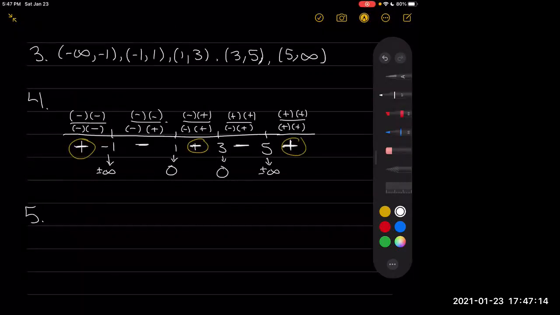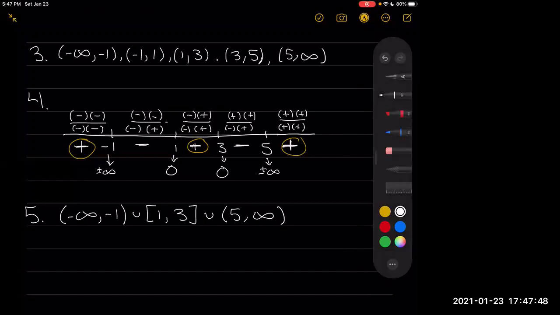So that means we have negative infinity to -1, not counting -1 because it's an asymptote, union 1 to 3, because 1 and 3 are both zeros, so we reach there, union, oh, +5, not -5, whoops, 5 to positive infinity. And again, not including 5 because 5 is where we will have a vertical asymptote.